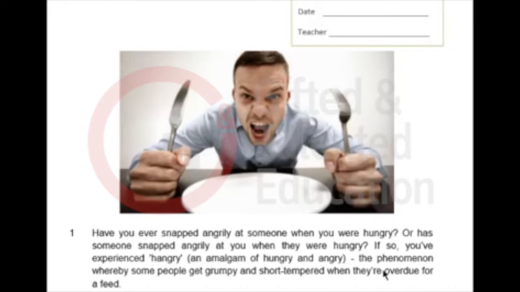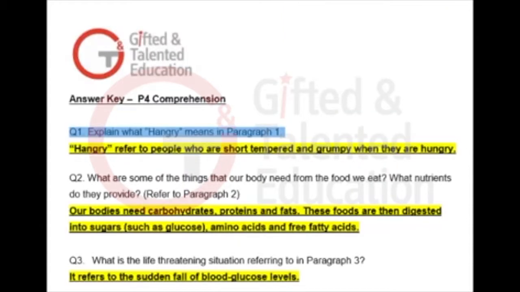When people are overdue for a feed that suggests that they are hungry, they may become grumpy and short-tempered. So there you go. Hungry and angry. Therefore, we use the term hangry to refer to people who are short-tempered and grumpy when they are hungry.